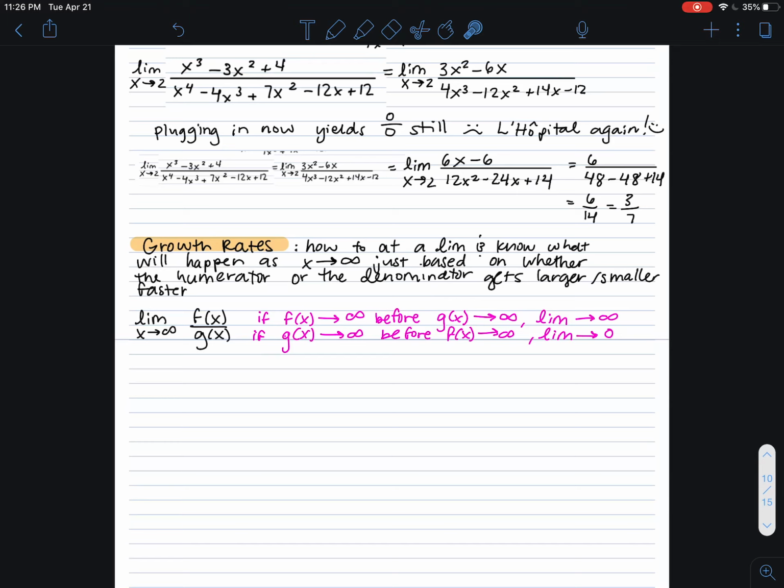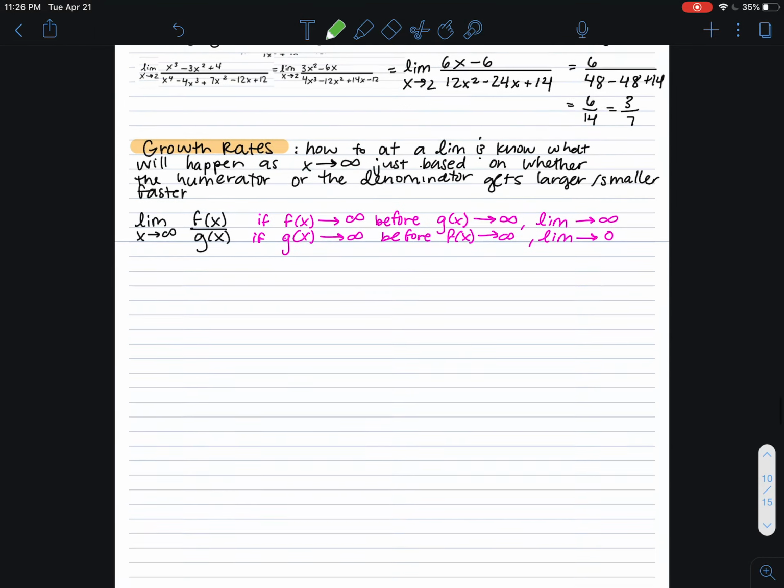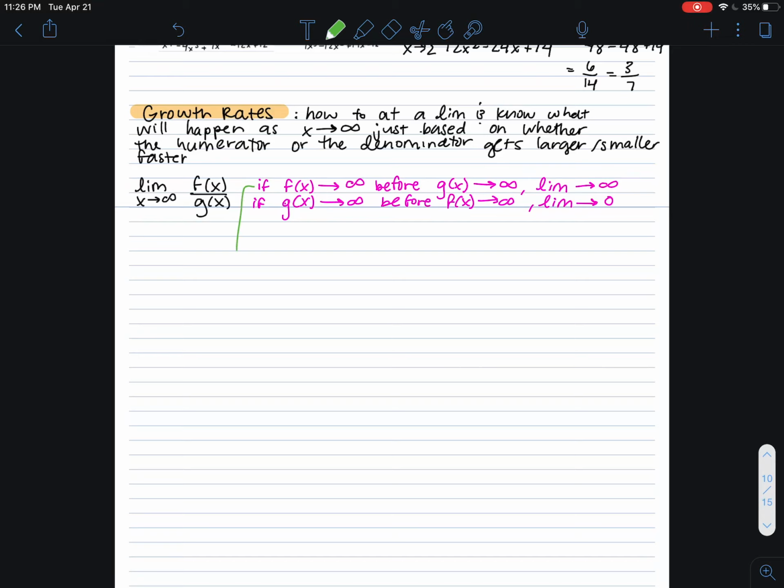So there's just kind of a handy way that we can represent this, and it is, if f goes to infinity faster than g, then we say f of x, and then we write these little less than or equal signs, but we write them twice, and it just means that f of x grows faster than g of x as x goes to infinity.